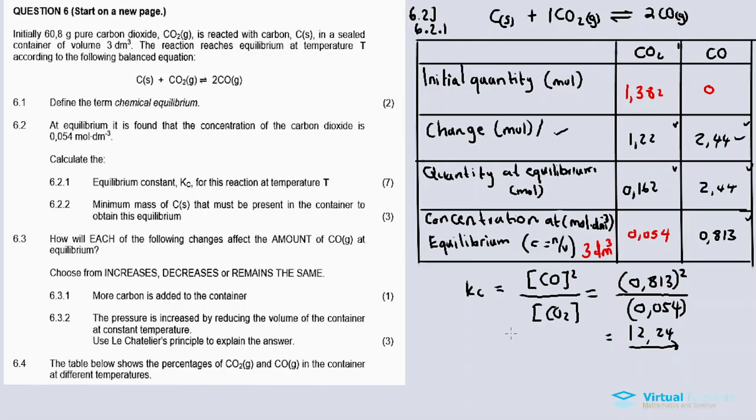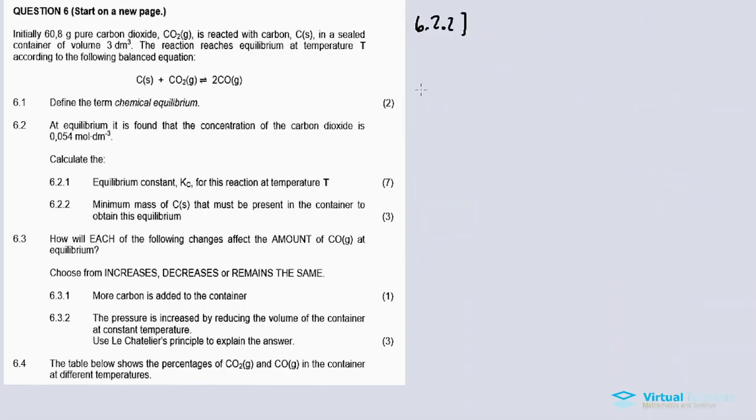6.2.2. In this question we want to find the minimum amount of carbon that must be present in the container to obtain this equilibrium. So in other words, we want the mass of carbon, right? So we use stoichiometry again. So the reacted amount, remember initially we started with how much? Now 60.8 grams of carbon dioxide. So in order to calculate the mass of carbon we will use the amount of carbon.